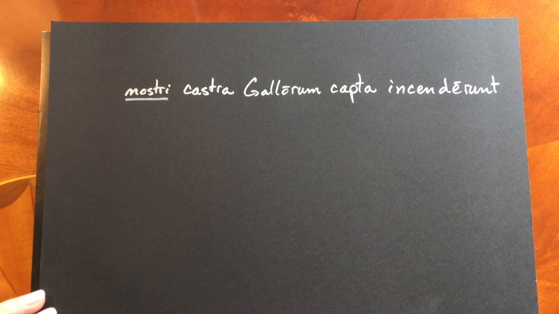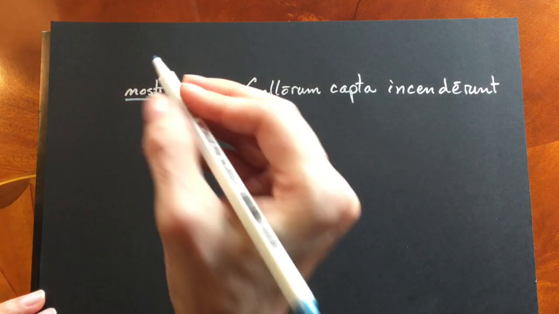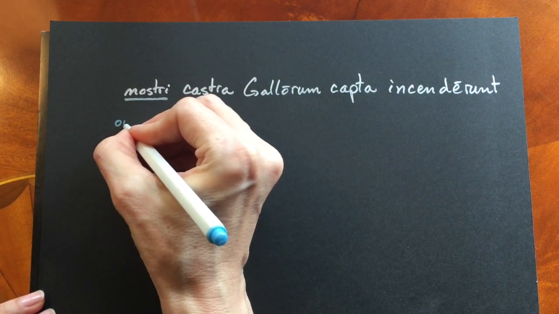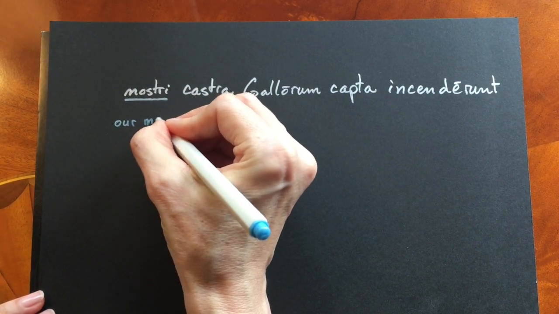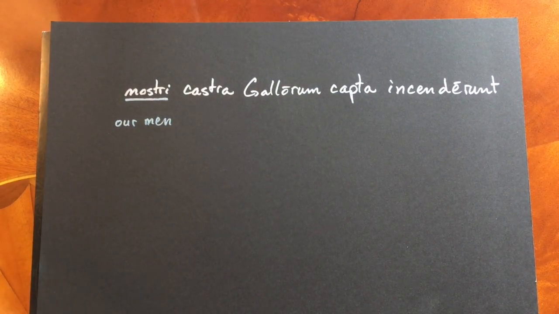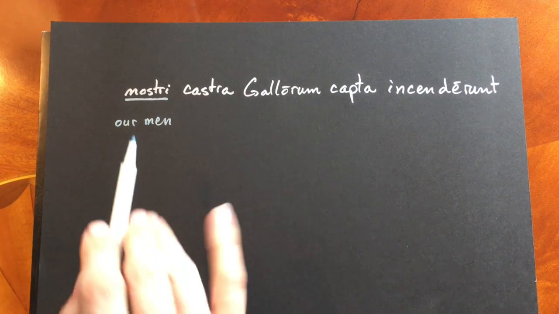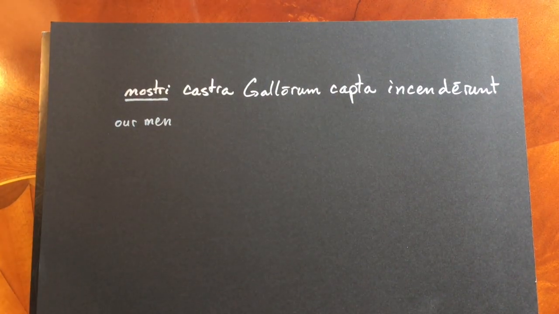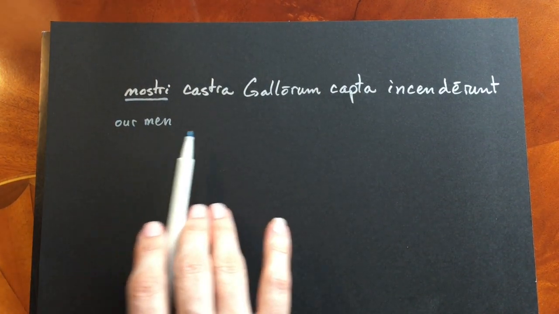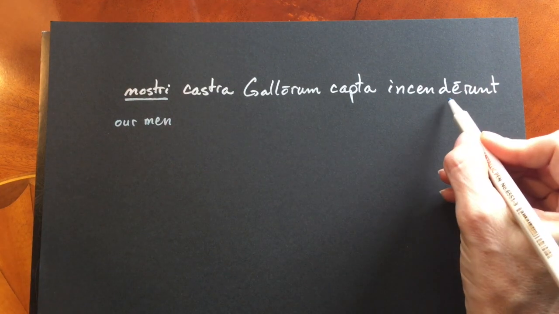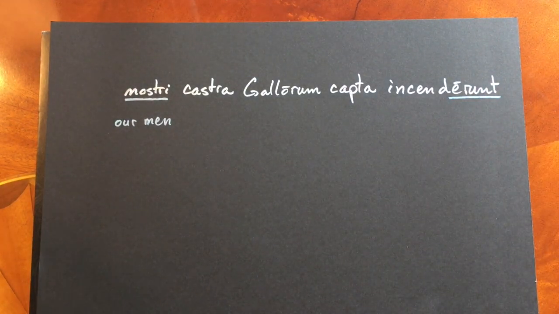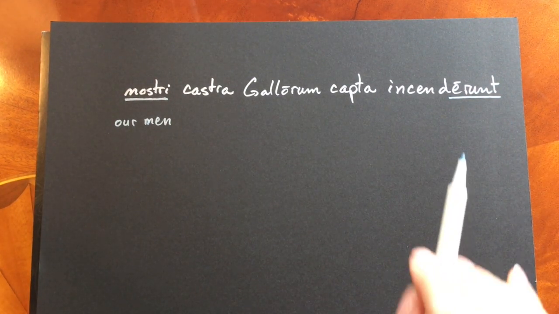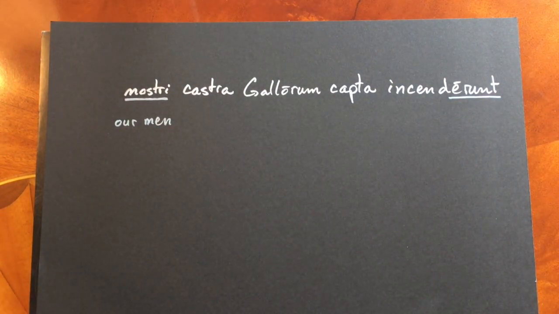It is in the nominative plural. Our men. The main verb will have to be in the third person plural. And here we see we have a third person plural verb in the perfect tense.